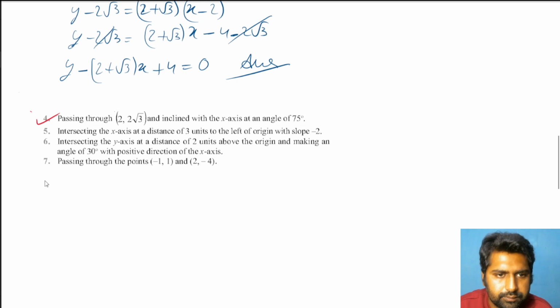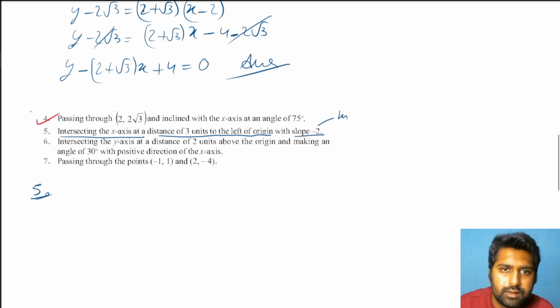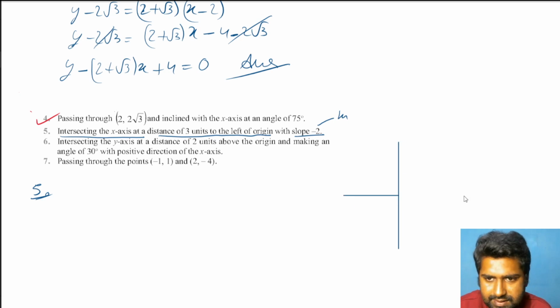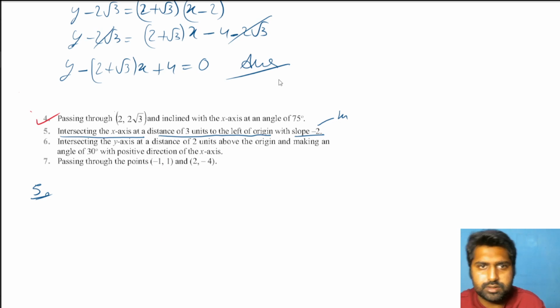Let's do fifth one. Fifth one is saying intersecting x-axis at a distance of 3 units to the left of origin. Lot of statement is there, and slope is minus 2, so basically m. Again, to understand what is given, let's draw xy axis and see for ourselves.